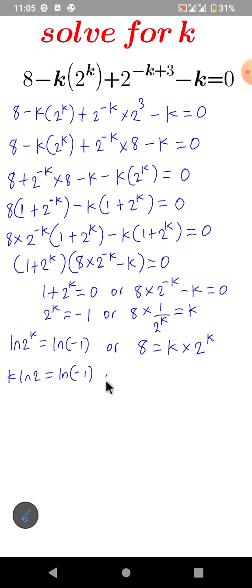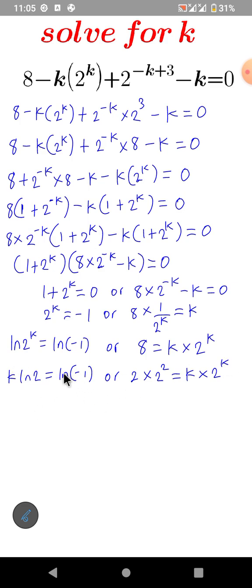Close my bracket. Or now this is 8. This is k multiplied by 2 raised to the power of k. So this 8 can be written as 2 multiplied by 2 raised to the power of 2. We know that 2 raised to the power of 2 is 4. So this 8 can be written like this, all equal to k multiplied by 2 raised to the power of k. Then we'll continue again with this side.